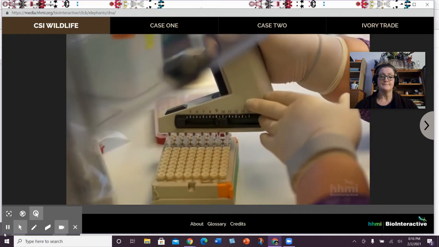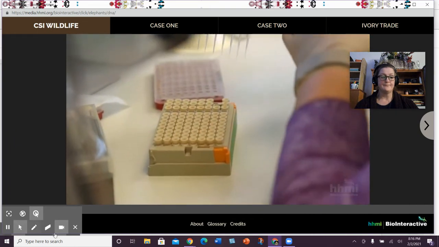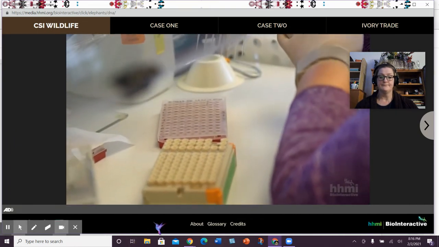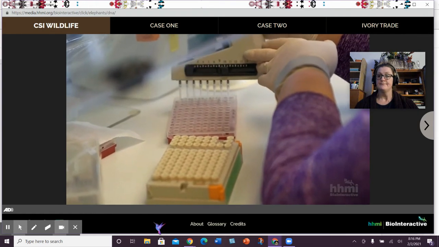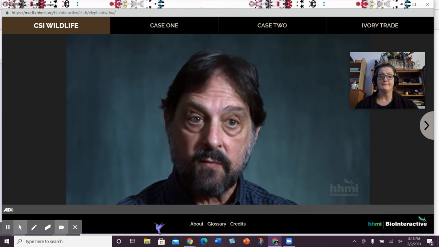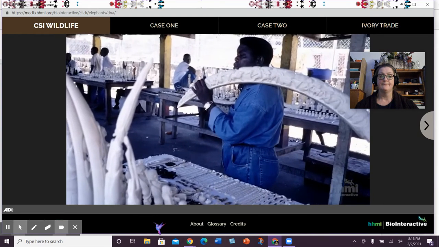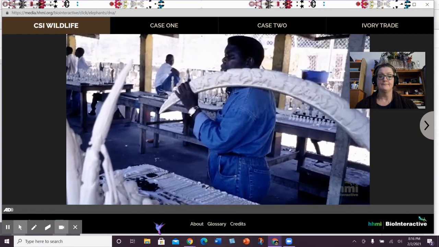He applies forensic tools based on DNA analysis to pinpoint the elephant population that the ivory came from. We wanted to know, where were the large organized crime syndicates operating in Africa? We need to figure out, where can we target law enforcement so that we can shut this trade down? And we have a really urgent problem, and we really need to get a handle on this.